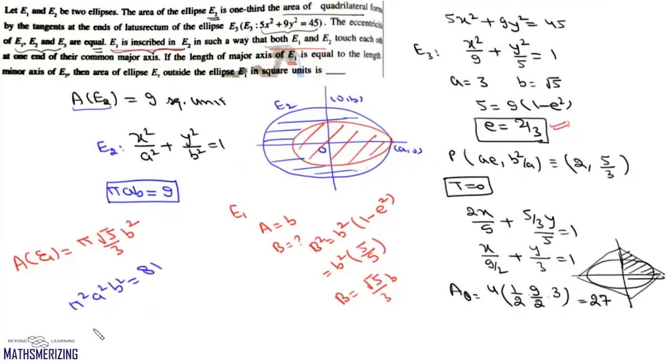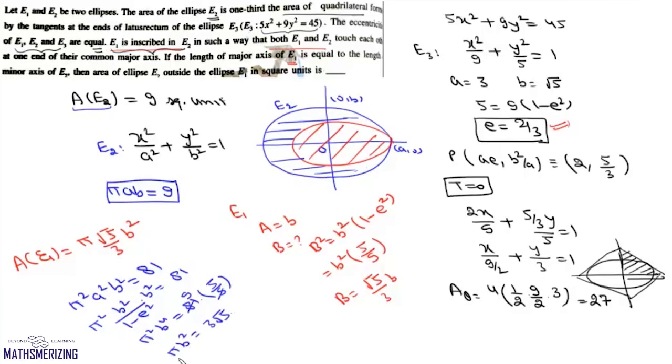Now we can write this as pi square, and a square is b square upon 1 minus e square, into b square into 81. So we'll write pi square b to the power 4 and it will be equal to 81, and 1 minus e square in this case again will be 5 by 9. So it will be this value 9. So pi b square is actually 3 root 5.